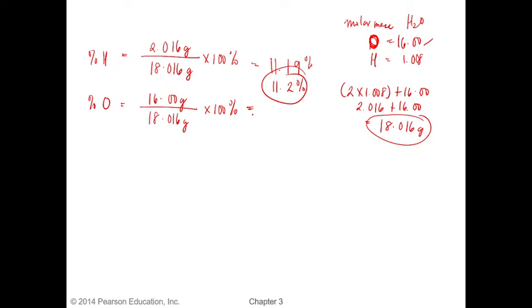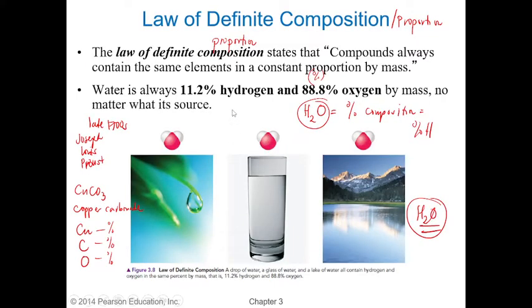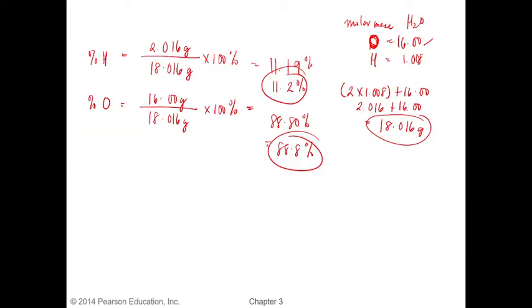And then for oxygen naman, 16 divided by 18.016 times 100. So you have 88.80% or just 88.8%. So tama yung ating calculation na 11.2% ang contribution ni hydrogen and then 88.8% naman ang contribution ni oxygen. So that is the interpretation for the law of definite proportion or composition. Okay, so we will be doing a lot of this later on. Okay?